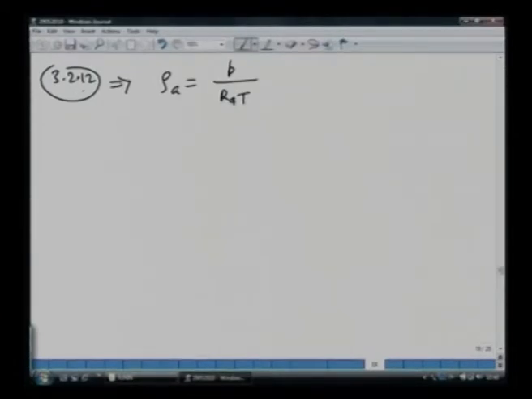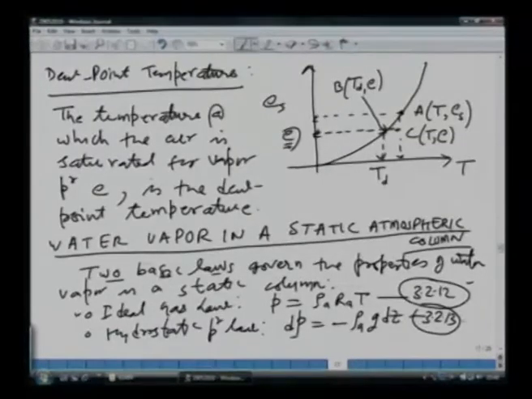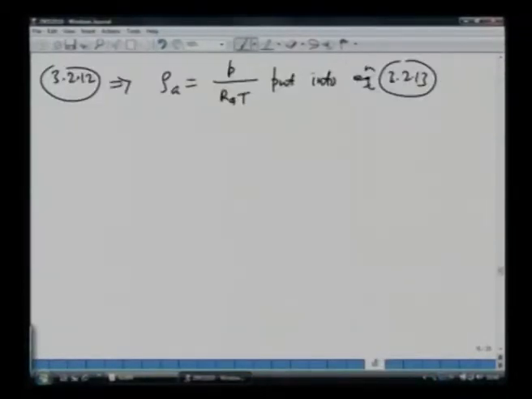It was nothing but the ideal gas law, and the ideal gas law states P is equal to rho R T. So, from P is equal to rho R T, I have just written down the expression for the density rho, and then we put this into equation 3.2.13. And what is 3.2.13? If you go back, it is this equation, which is the hydrostatic pressure law. So, what we are doing is basically combining these two equations.